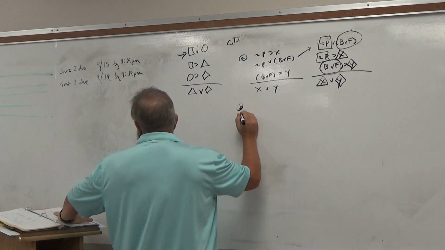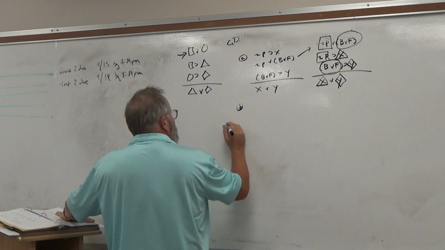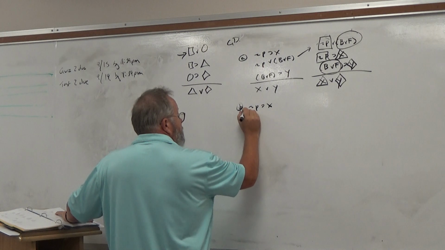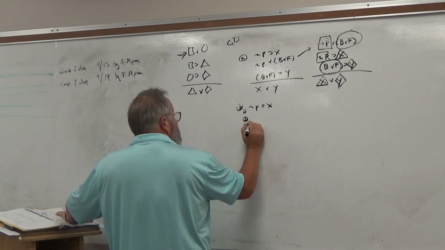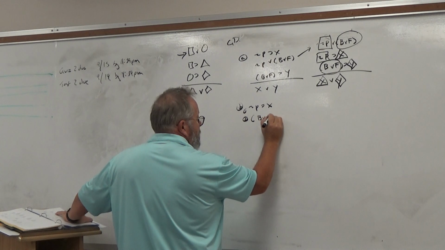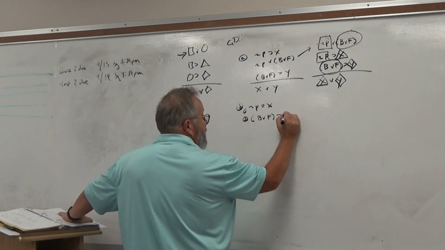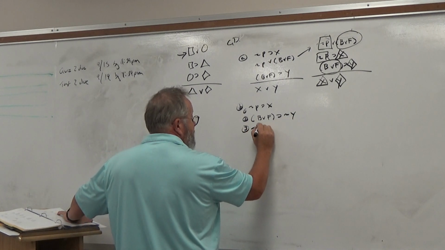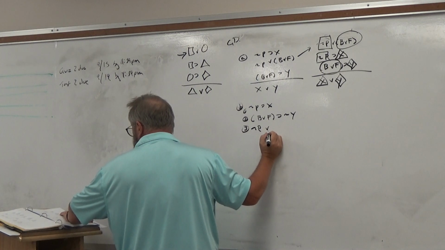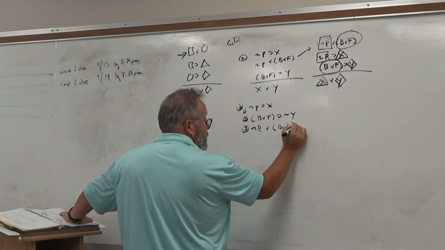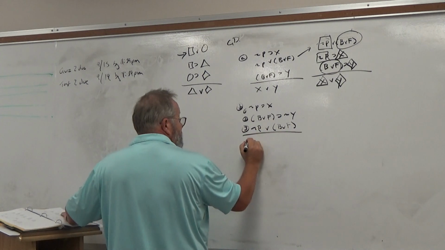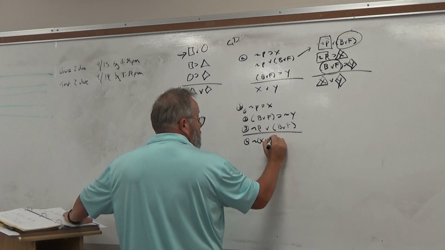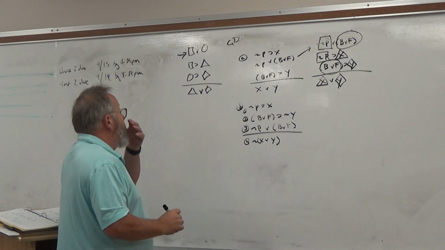Let me look at 5B. Not P, then X, and 2 is B or F, then not Y, and 3 is not P or B or F, and then the conclusion is not X or Y. Okay.